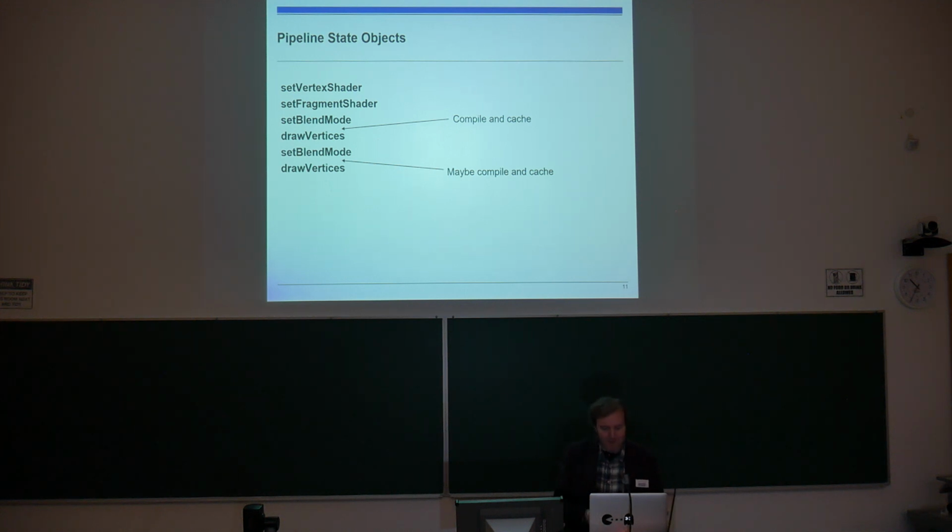And the tricky thing is that depending on your hardware, part of those status bits you set in your API actually get compiled into your shader, because the hardware internally is not as fixed as the API is, and they just map that to their more powerful GPU instruction set.